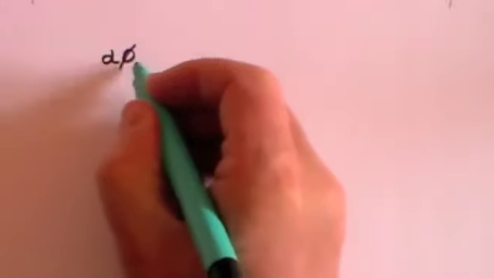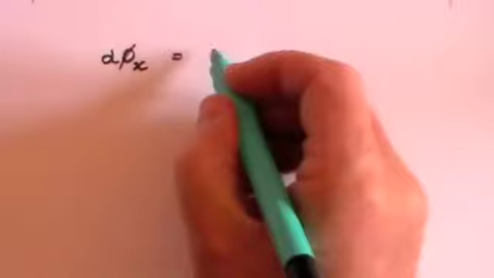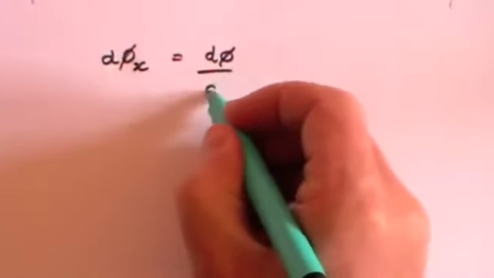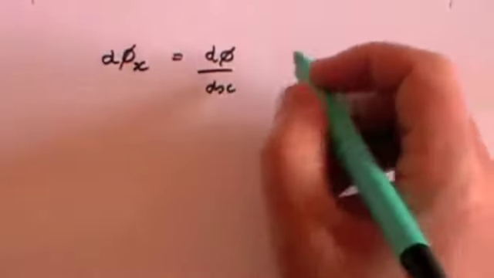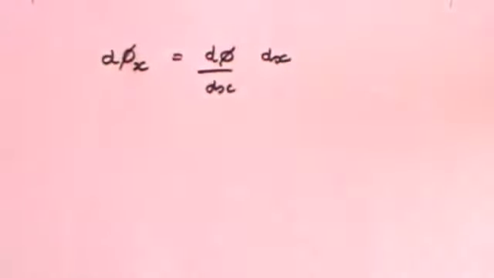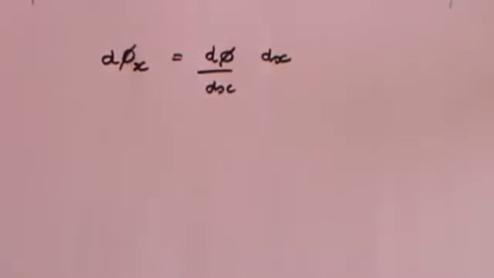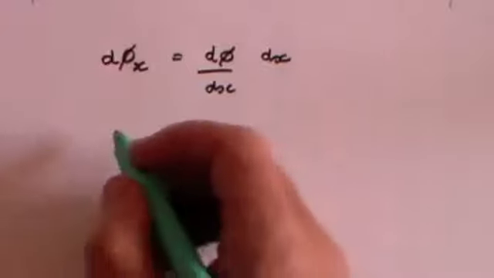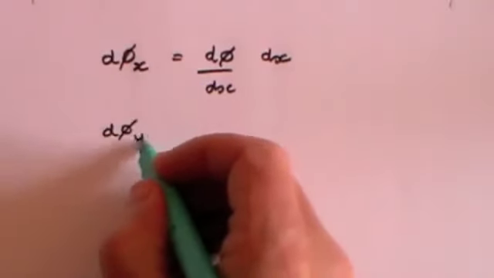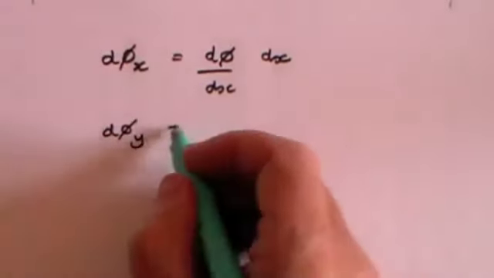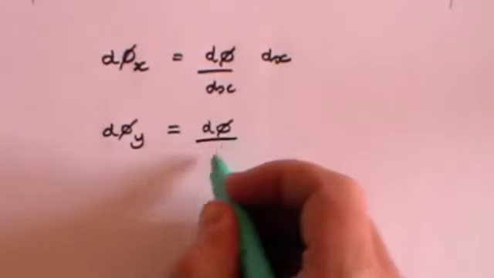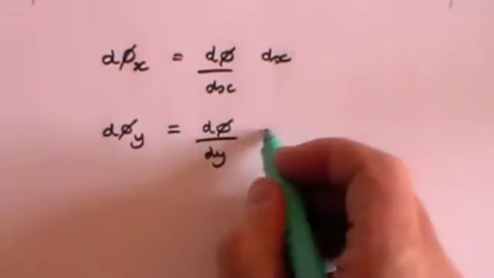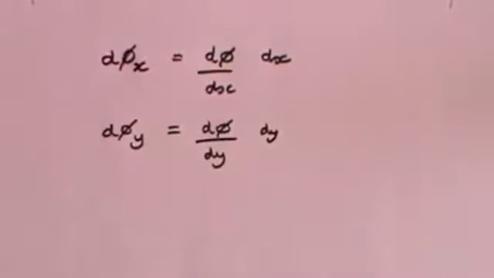So consequently, one would have to say that the change of height, if you're travelling in the x direction, is equal to the gradient in the x direction multiplied by the distance you walk in the x direction. Or you could also say that the change in height in the y direction is equal to the gradient in the y direction multiplied by the distance you walk in the y direction, which is fine.